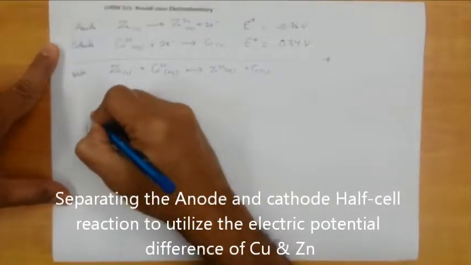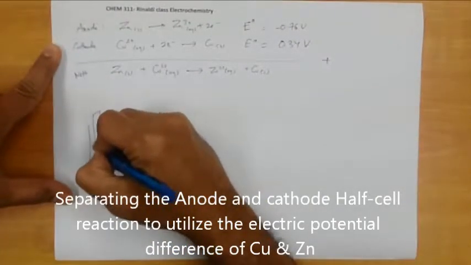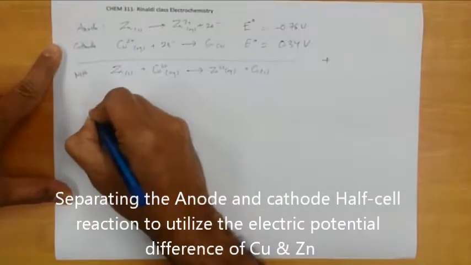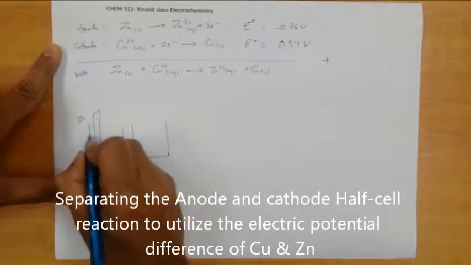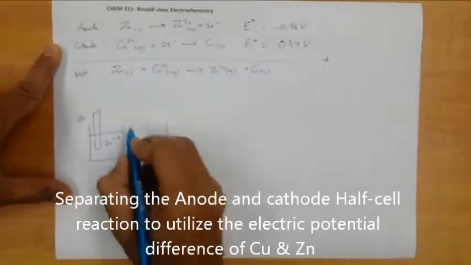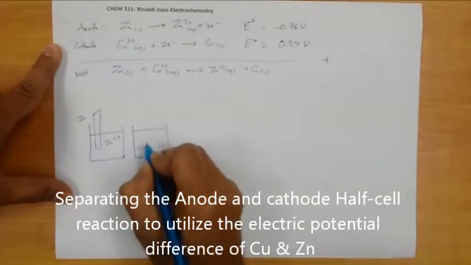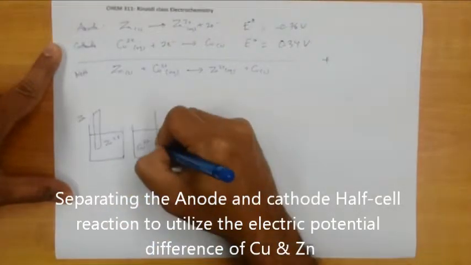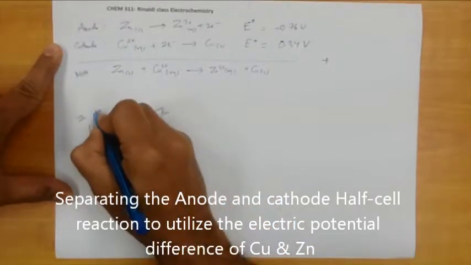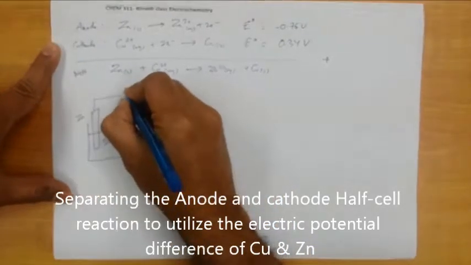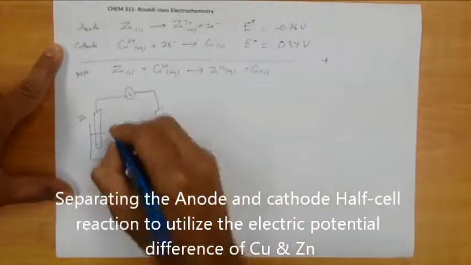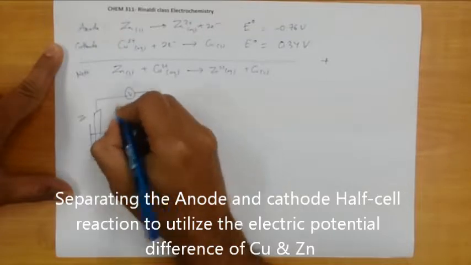Okay, one for the anode. This has zinc metal. This has zinc ions in the electrolyte, and here you have copper. And then you connect this to a voltmeter to read the volt, or to a light bulb, and you need to have a salt bridge.